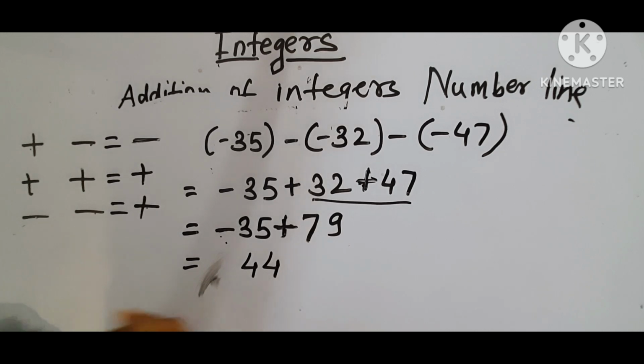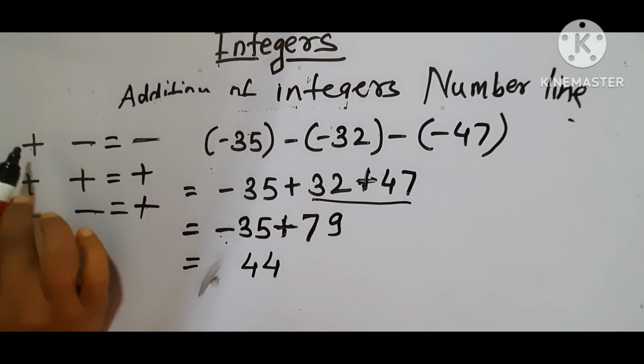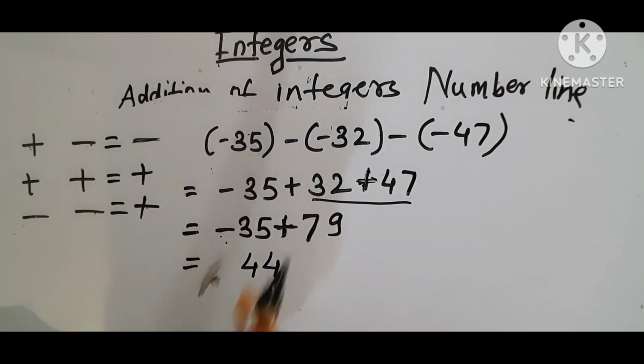Okay, this is how you solve integer problems with positive and negative numbers. You have to keep this point in mind: opposite signs, subtraction; same signs, we do addition; and always give the sign of the larger integer to your answer. Okay.